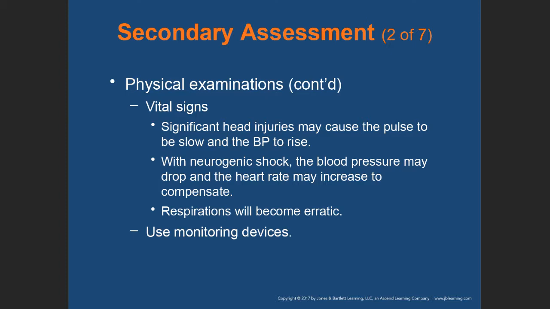That means that the patient has rising ICP, or the brain is starting to herniate. With neurogenic shock, the blood pressure may drop and the heart rate may increase to compensate. Now, respirations will become erratic. Use your monitoring device.